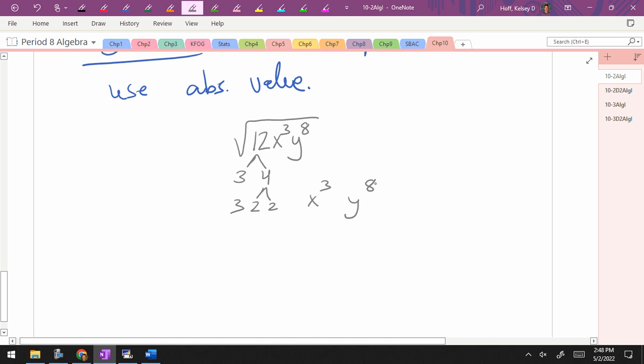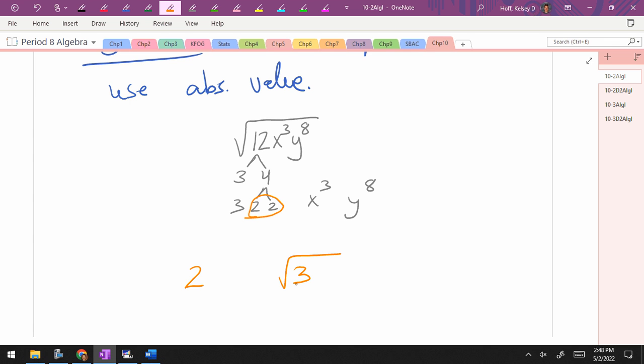So I worry about the 12. I broke my 12 down to be 3 and 2 and 2. So I have a group of 2s. Where are they going? Out front. Now, my 3 is still stuck in jail. Now I'm going to my x cubed. How many groups of 2 can I make? 1. So he's going out front. How many left over are there? 1.